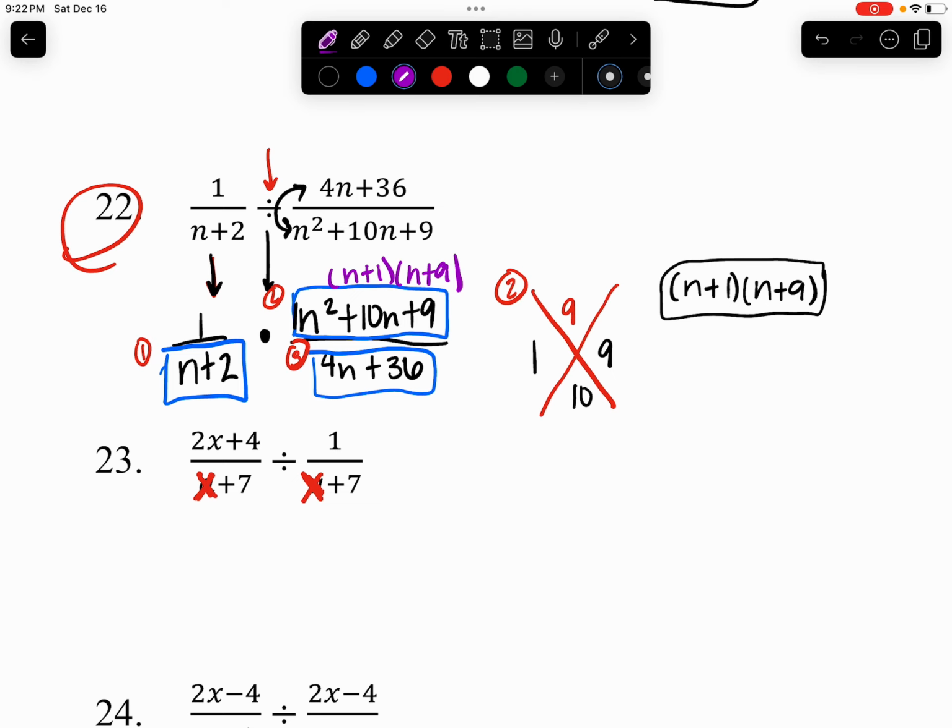How about 4n plus 36? Can I factor this? Yes. There is a GCF of 4n and 36. What multiplies to 4? 2 and 2. What multiplies to 36? 6 and 6. What multiplies to 6? We have 2 and 3, and 2 and 3.